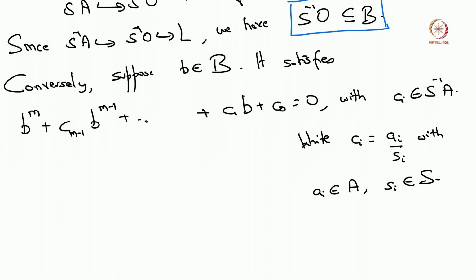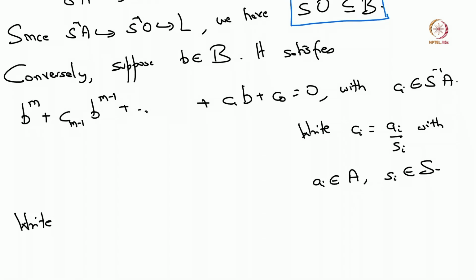Okay, and now I'll just make this choice. So I have all these denominators S0, S1 up to S_{m-1}. So let me call little s this product S_{m-1}, so on and so forth, S1, S0.